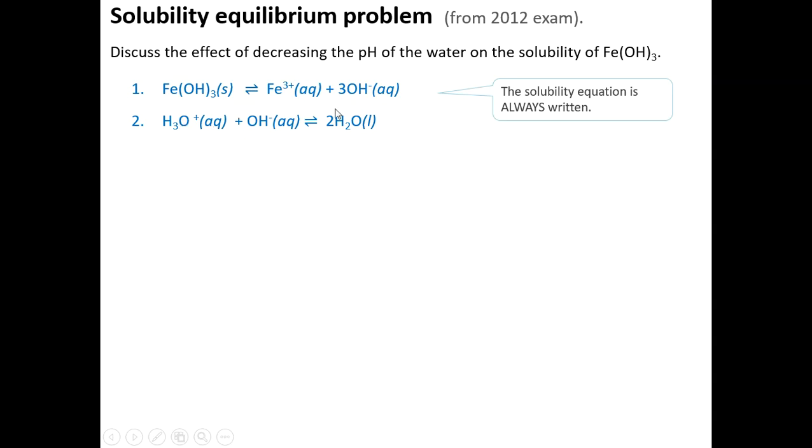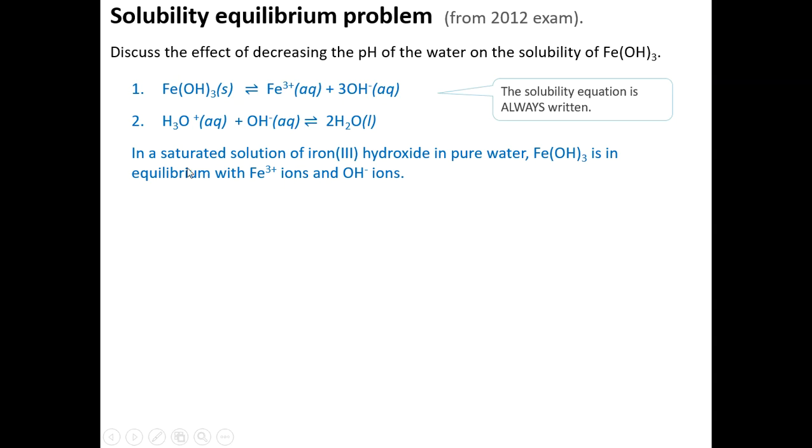So if I'm starting to remove the hydroxide, then again in equation 1, the equilibrium position will shift to the right to try and replace those hydroxide ions. It's useful to label your equations as 1 and 2 because it's then easy to explain. So there's going to be a shift to the right, so your iron hydroxide will increase in solubility.